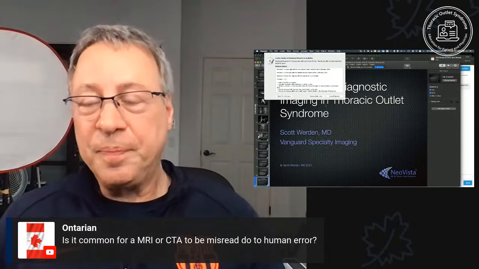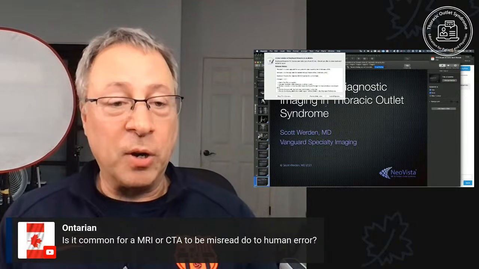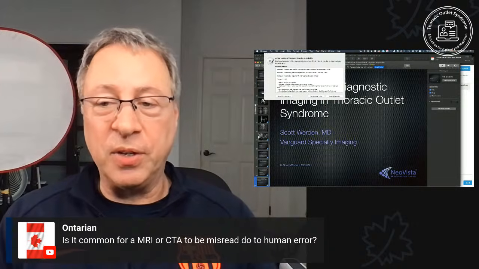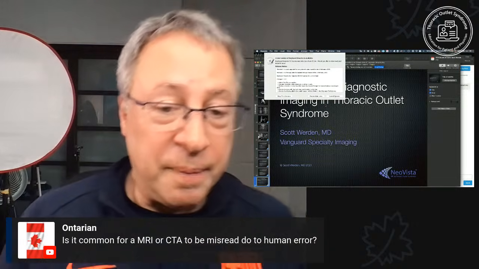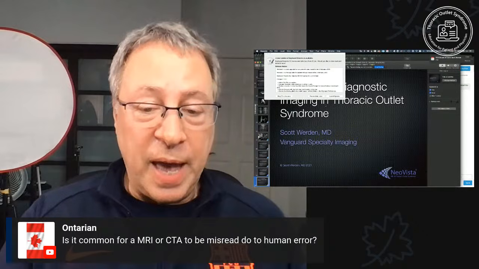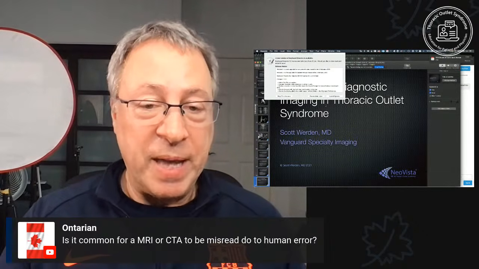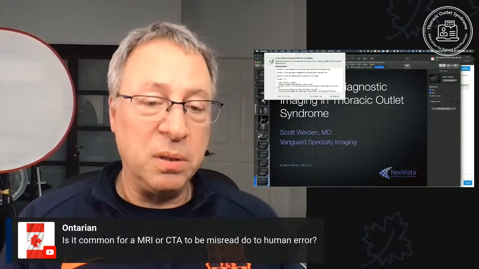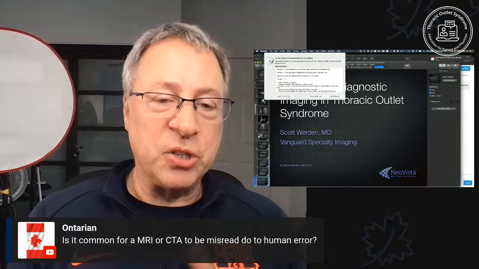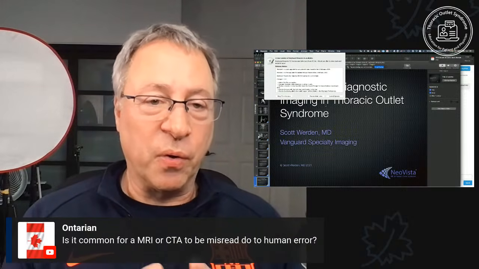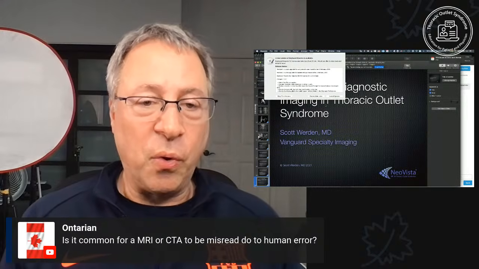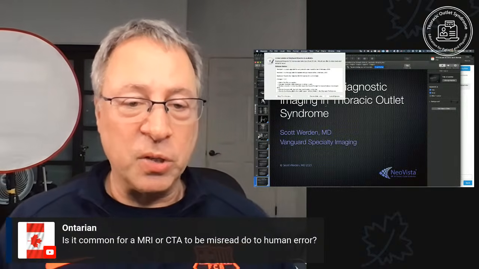First question I have, is it common for MRI or CT to be misread due to human error? Well, it can happen. And hopefully it's not anything major. After a radiologist looks at images, the doctor who refers the patient for these images will often look at them himself or herself.